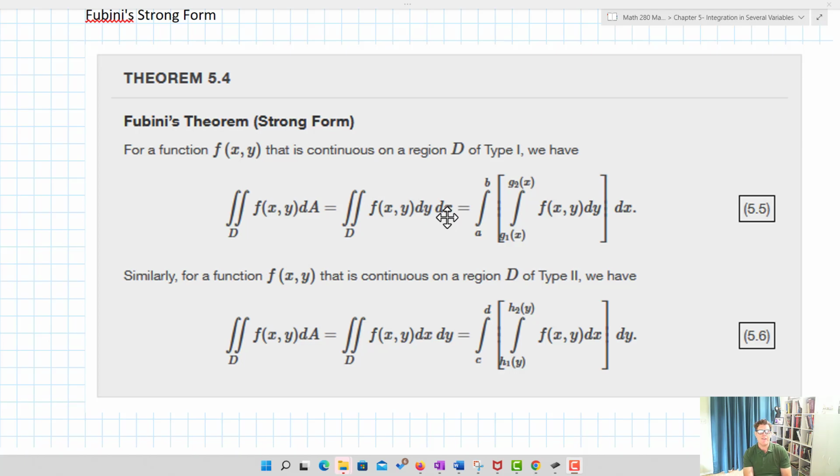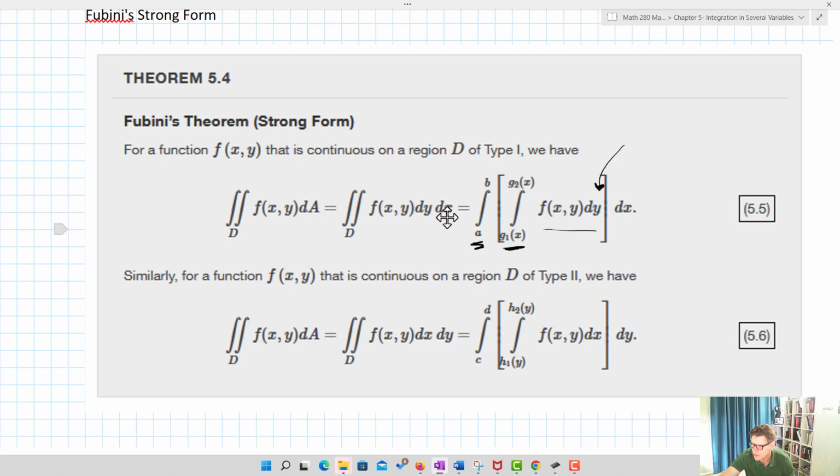For a function f of xy that is continuous on a region D of type 1, we have over the region D f of xy dA, and basically what that says is I can go from a to b, and then g1 of x, g2 of x, f of xy dy, and we saw that before. So I can integrate with respect to y, plug in the functions of x, and then integrate with respect to x.